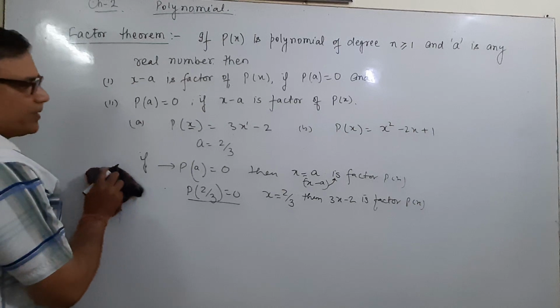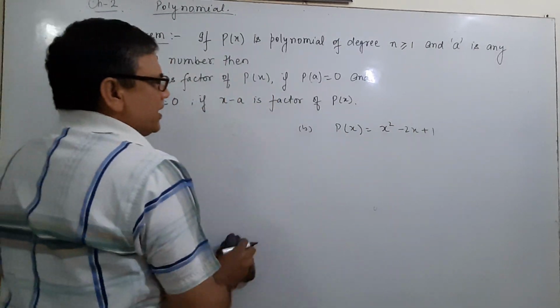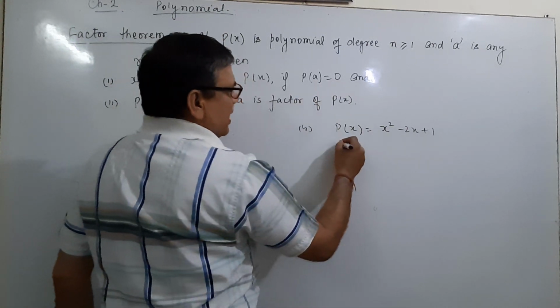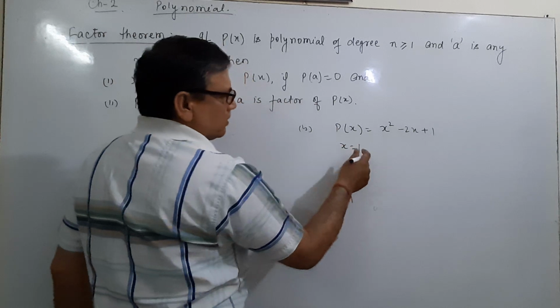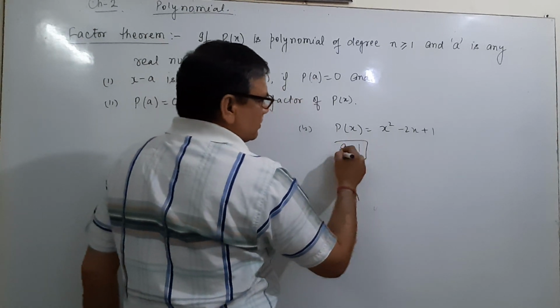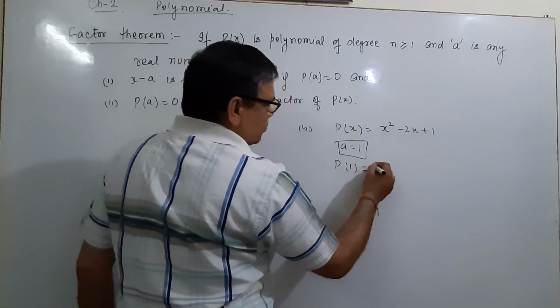Again the same in this example. Let P(A) = 0, meaning x = 1, so we are assuming A = 1. Is it clear? Then P(A) = P(1) = 0.